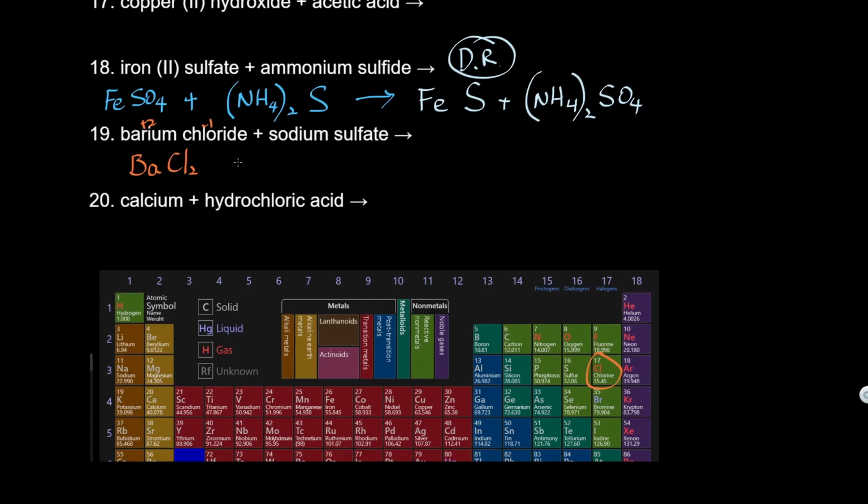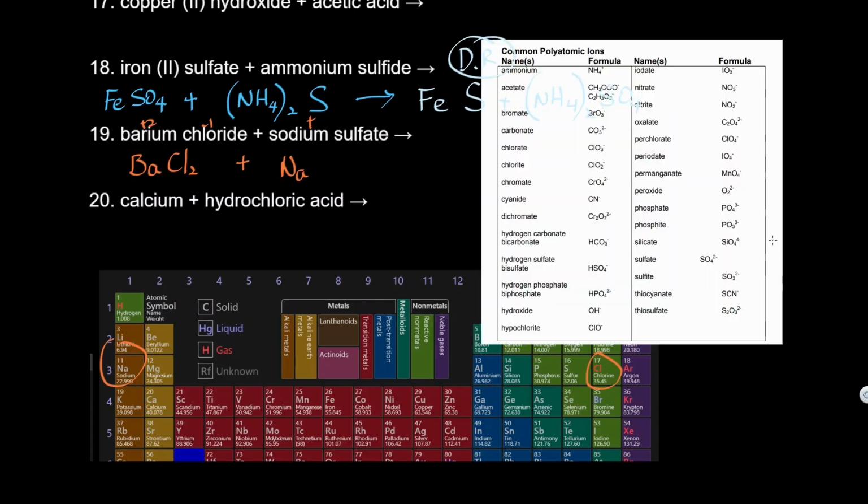Okay. And then reacting with sodium right there with 1 plus charge. But sulfate, again, you need that. So sulfate is right there, 2 minus charge, SO4. So you put SO4, since this is 2 minus charge, you need 2 of the Na's. So you have to put subscript 2 right there.